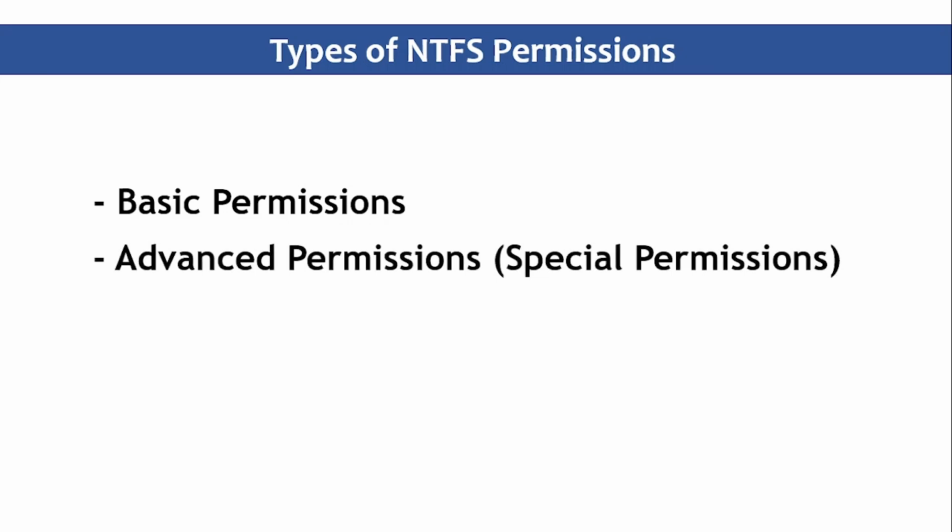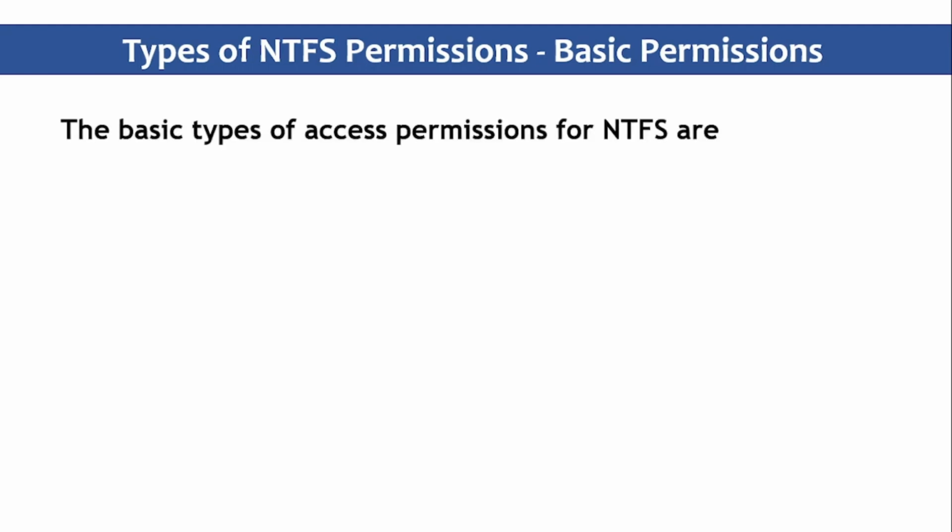So let us understand the types of NTFS permissions. We have two types: basic permissions and advanced permissions, or special permissions. Today we are going to discuss only the basic permissions. So let us understand the basic permissions.